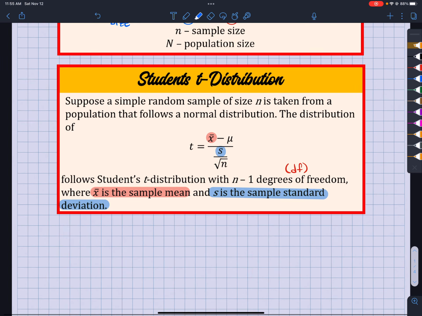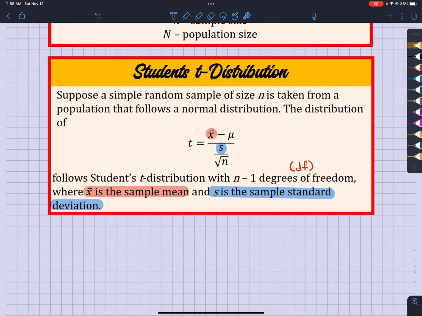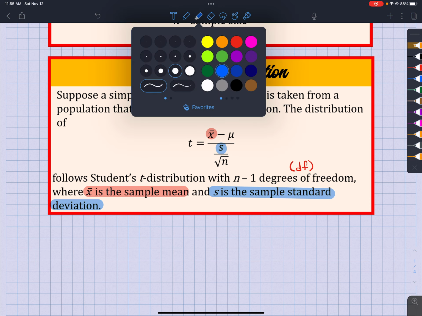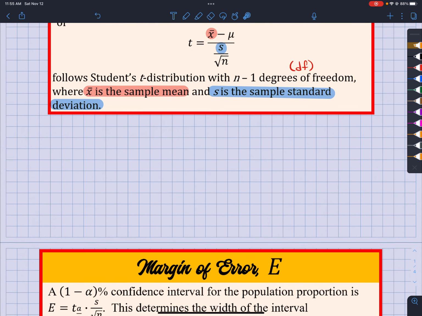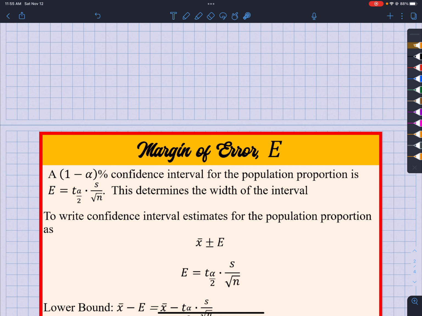All right, and yes, the t distribution does follow somewhat of a normal distribution. That's the other thing I wanted to highlight: a simple random sample of size n. So we're still doing the SRS. All right, so we still have a margin of error, so we're still looking for an interval, and it's still going to be the mean plus or minus some kind of margin of error.